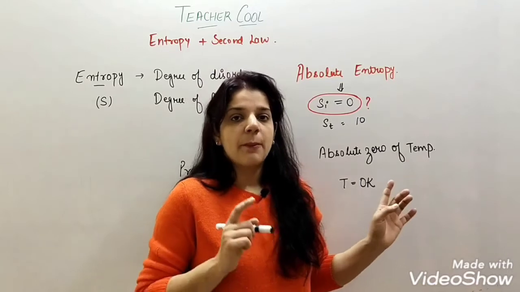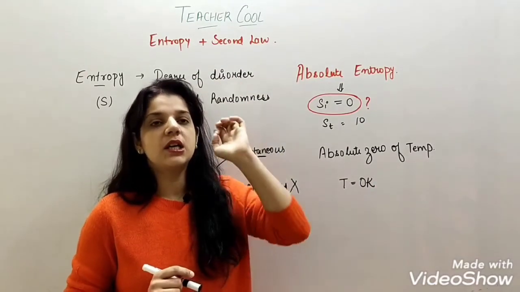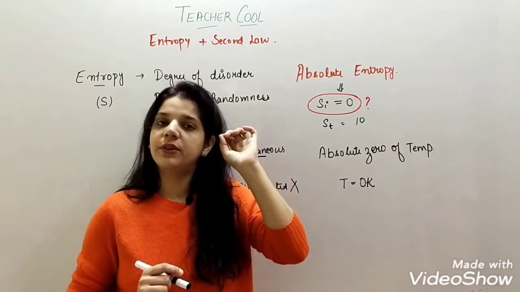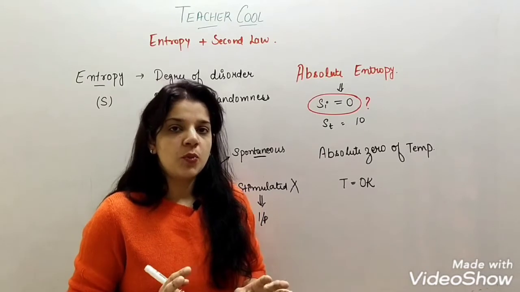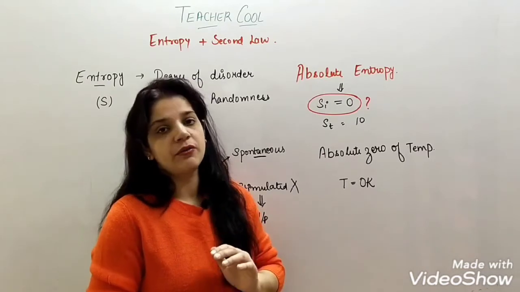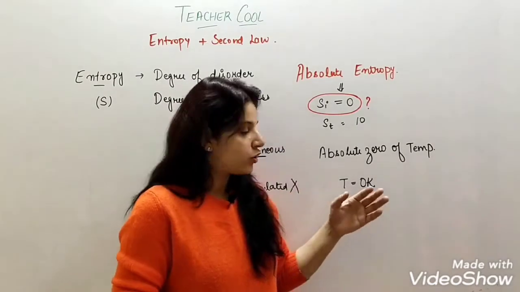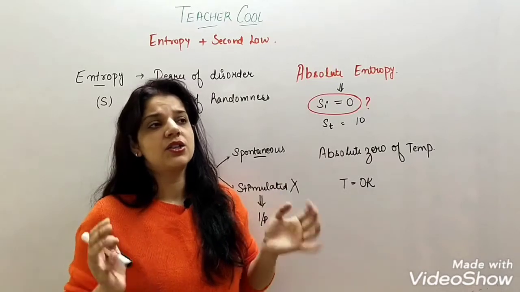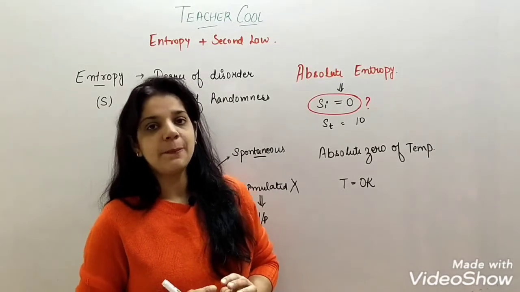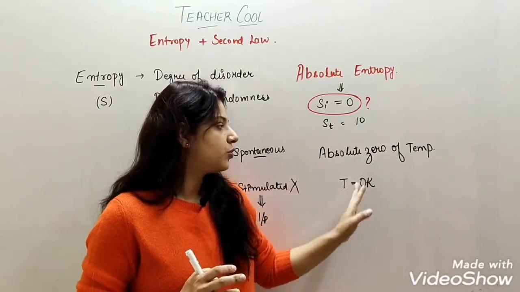Why? Because at this temperature every single motion or every single vibration just ceases. So there is no motion and there is no kind of movement or anything which can take it further. So even before reaching the 0 Kelvin, से 10 Kelvin तक ही हमारी हर चीज स्टैंड स्टिल हो जाती है, और उसके बाद we cannot do anything. So this was my absolute zero of temperature.